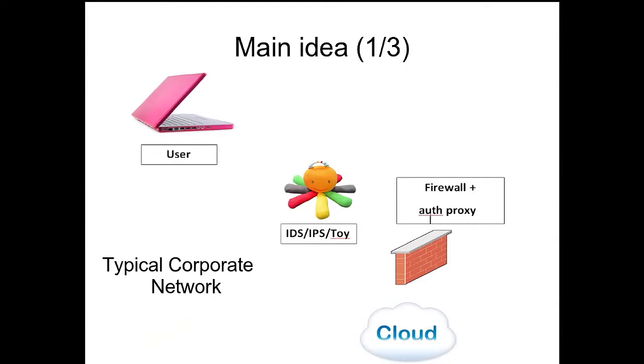So this is a typical corporate firewall. You can recognize the end user with a fancy computer, the most interesting property being that it's cute. Then you have a bunch of toys in the middle, like IDS, IPS, and stuff like that.